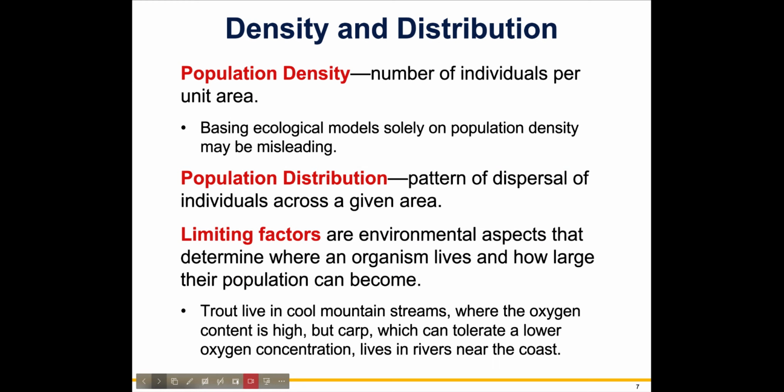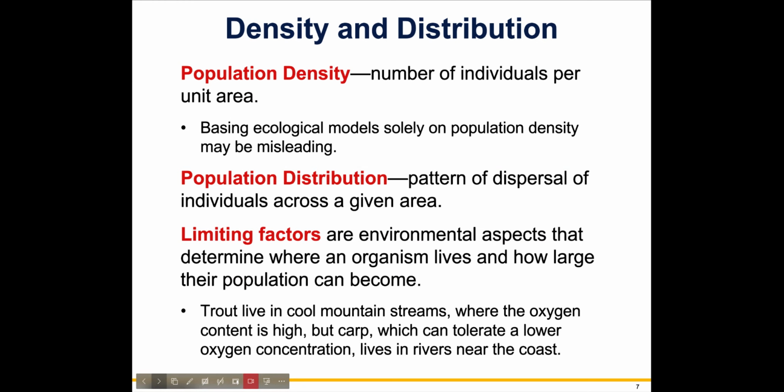Something like a city has a very high density of humans, and a rural area would have a low density of humans. But that just tells us how many humans. That doesn't really tell us more.